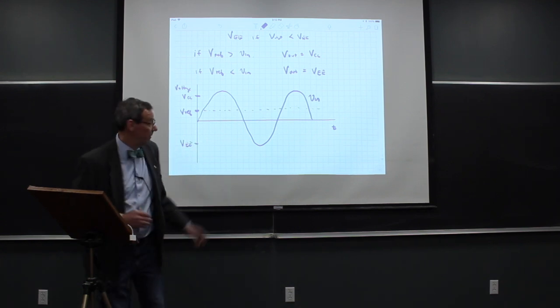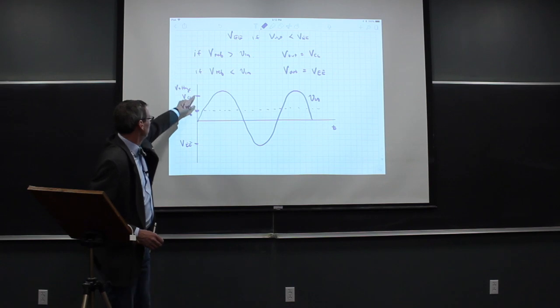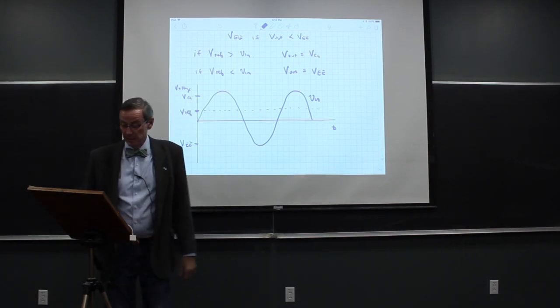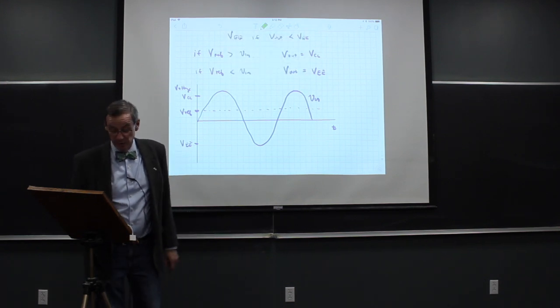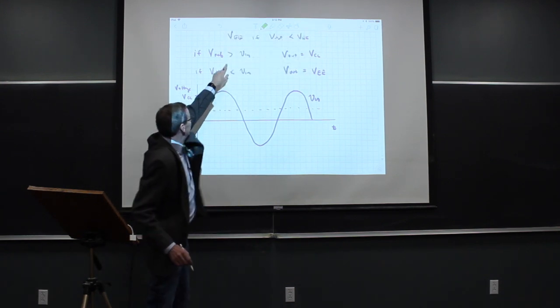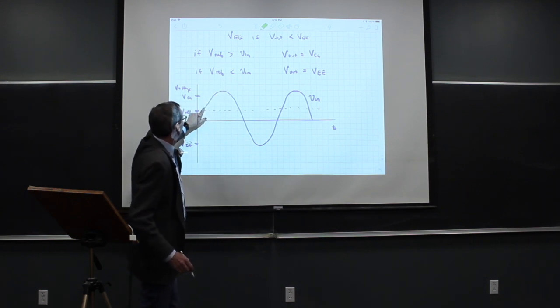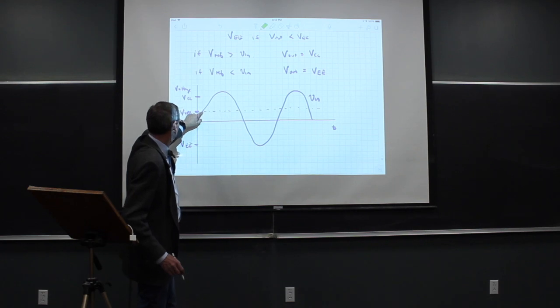So there's the input signal, the reference voltage, VCC and VEE, and what we said is the output voltage. So if Vn is smaller than Vref, we're going to have the VCC output.